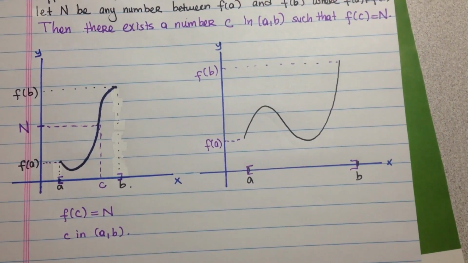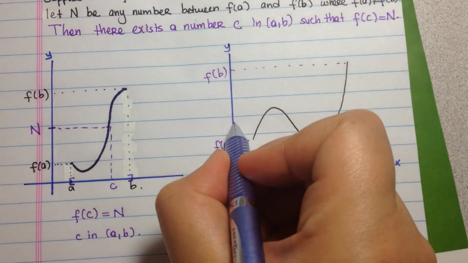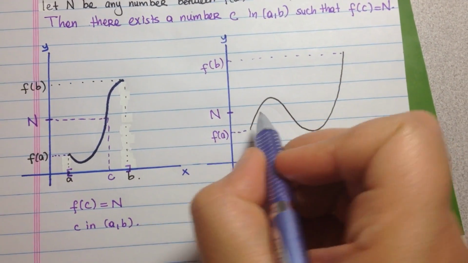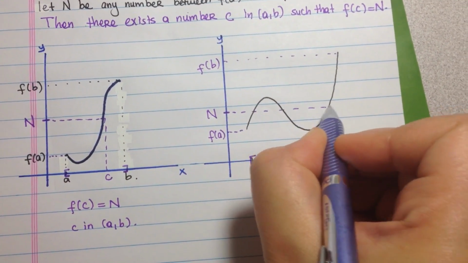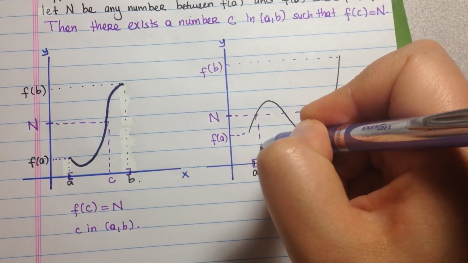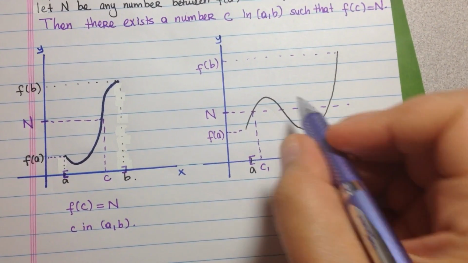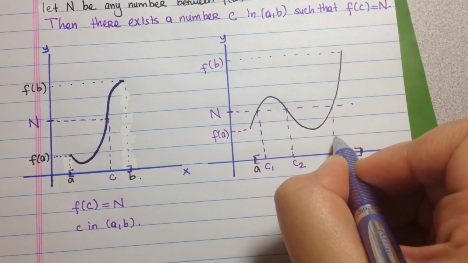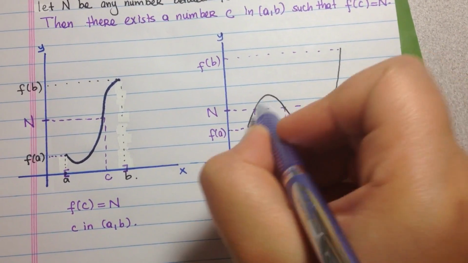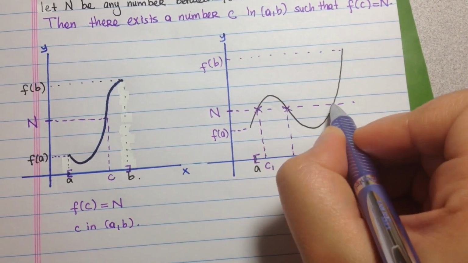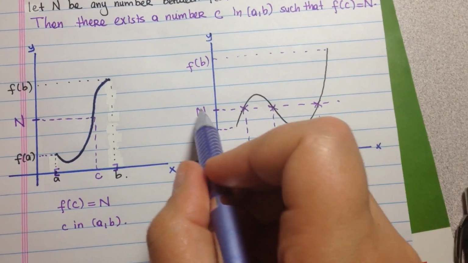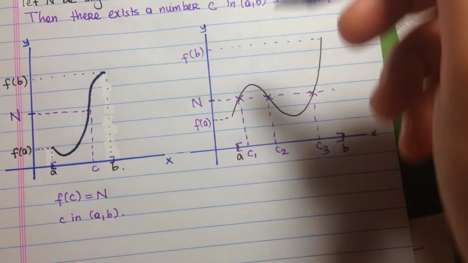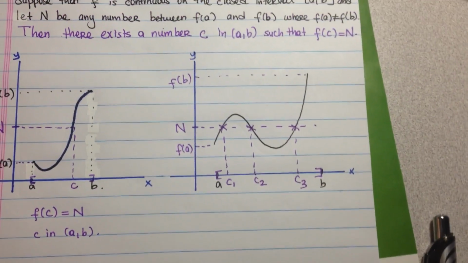But this time, if I choose my n closer to f(a), as you can see from my picture, I have three inputs with the same output value n. So this is c1, this is c2, and that's c3. So the horizontal line y = n will cross the graph at 3 points.